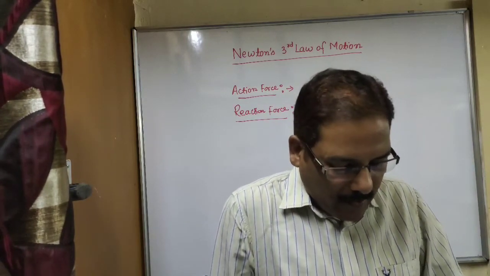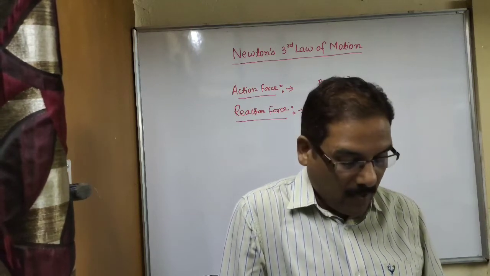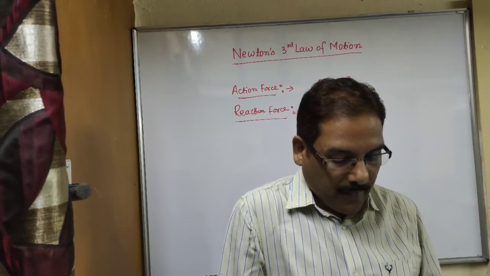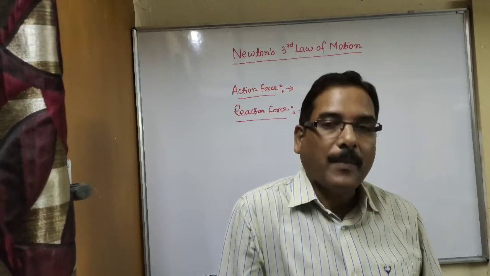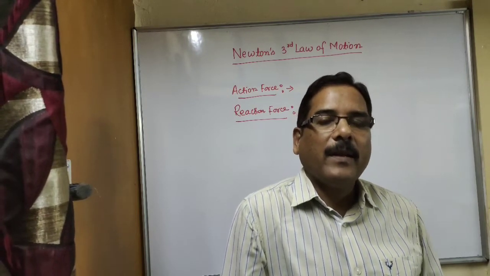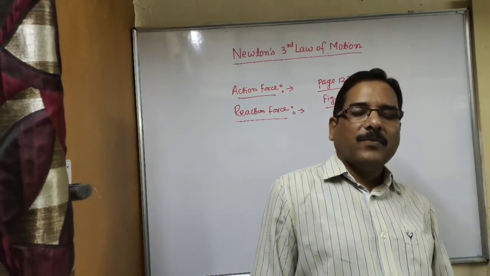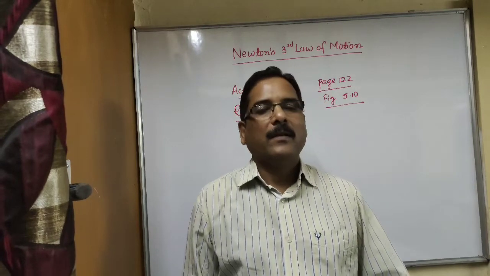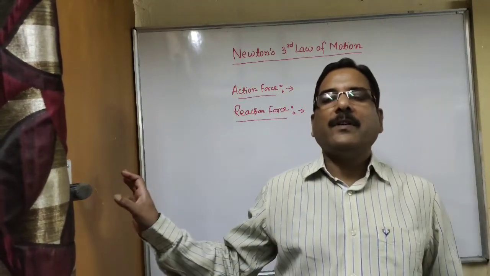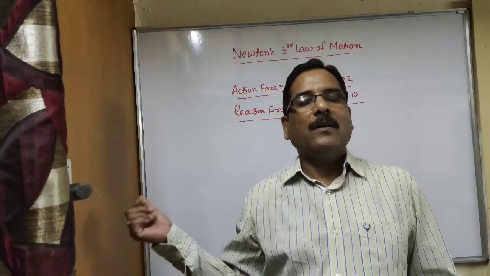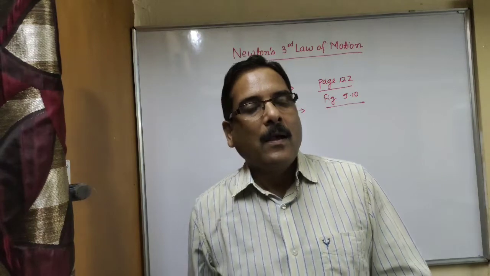It is important to note that even though the action and reaction forces are always equal in magnitude, these forces may not produce acceleration of equal magnitudes. So, very important lines. Although action and reaction forces are equal in magnitude, if I am applying a force of 50 Newton on a wall, the wall is also applying a force of 50 Newton on me.